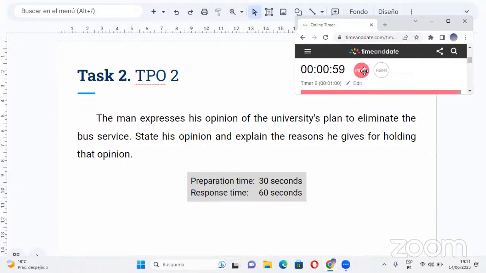Okay. And the student in the conversation is against the idea of eliminating the free service of the bus. First of all, he explains that if there are few students that use this service, it is expensive, and he suggests that the bus can change their route.